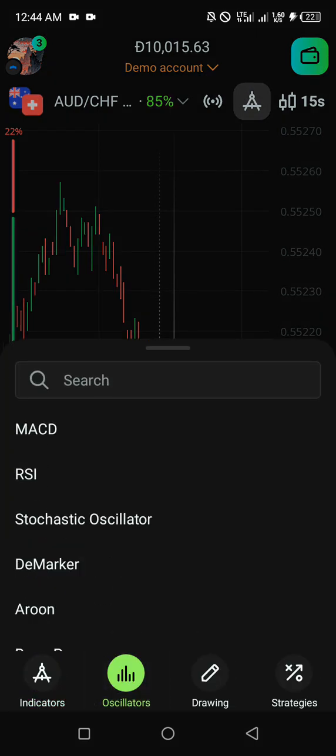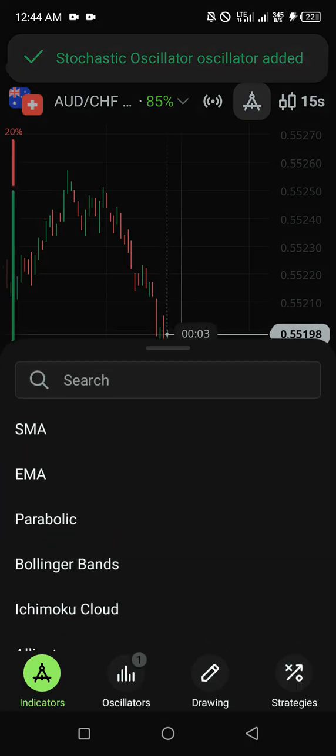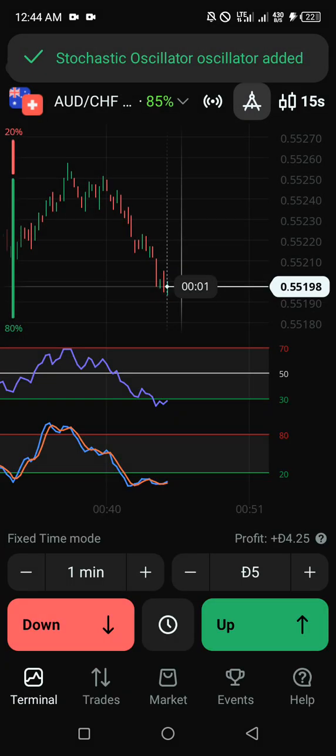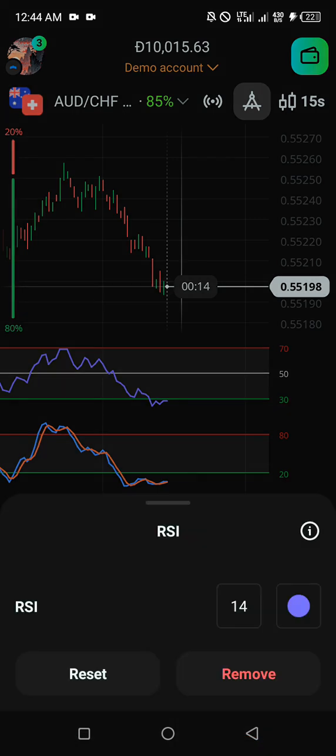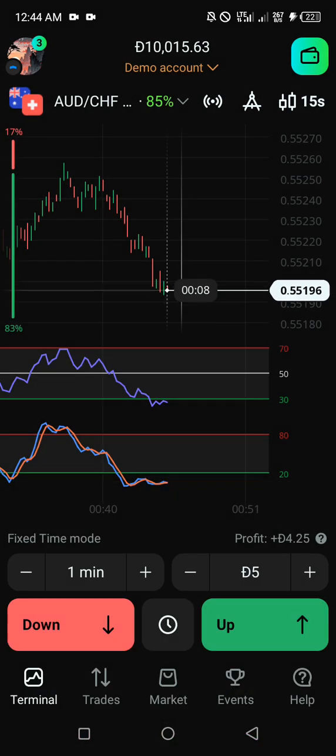In the oscillator section, you select the stochastic oscillator, then you select the RSI. From previous videos, I do not need to explain so much on what these lines mean.